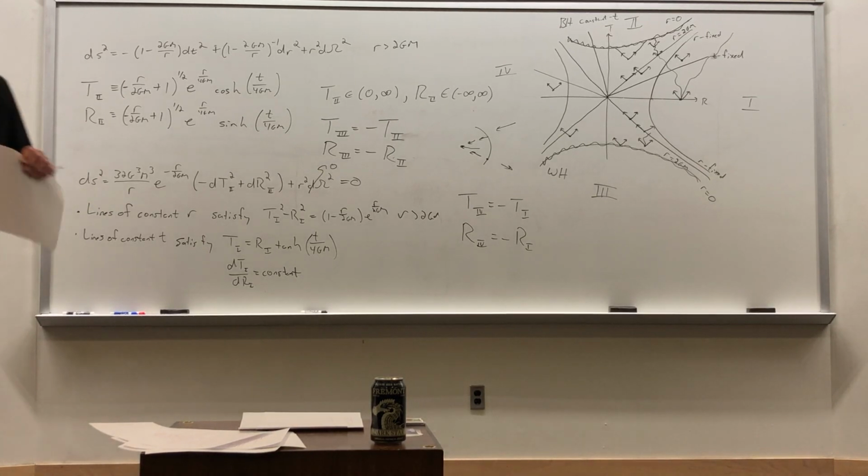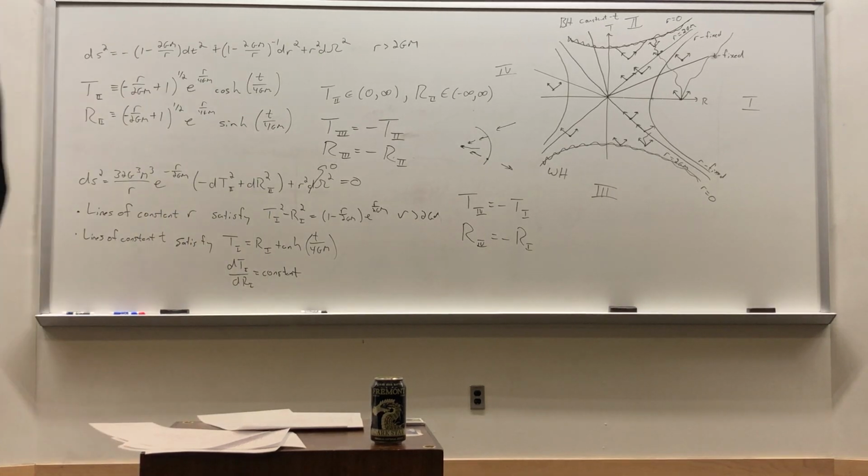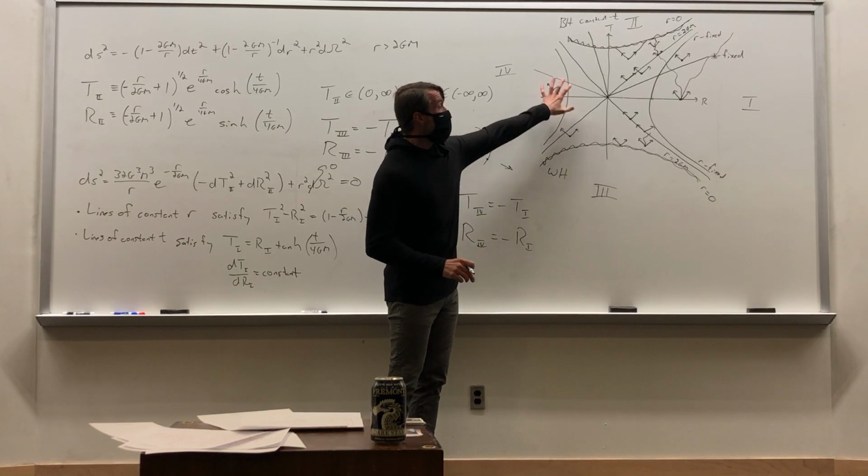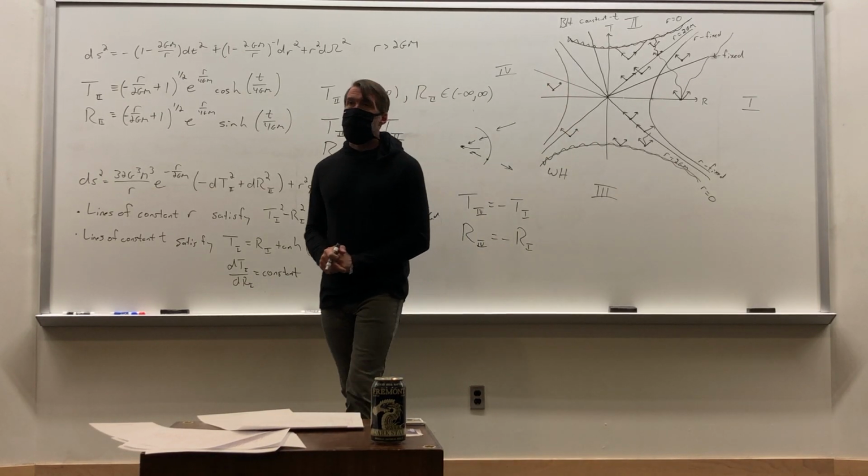Now, I want to remind you, all we did was we said, let's ask if the black hole's geometry is geodesically complete. We know it's not geodesically complete in terms of the singularity, but we want to ask about the rest of it. Okay? So the rest of it, it turns out it's not unless we maximally expand it.